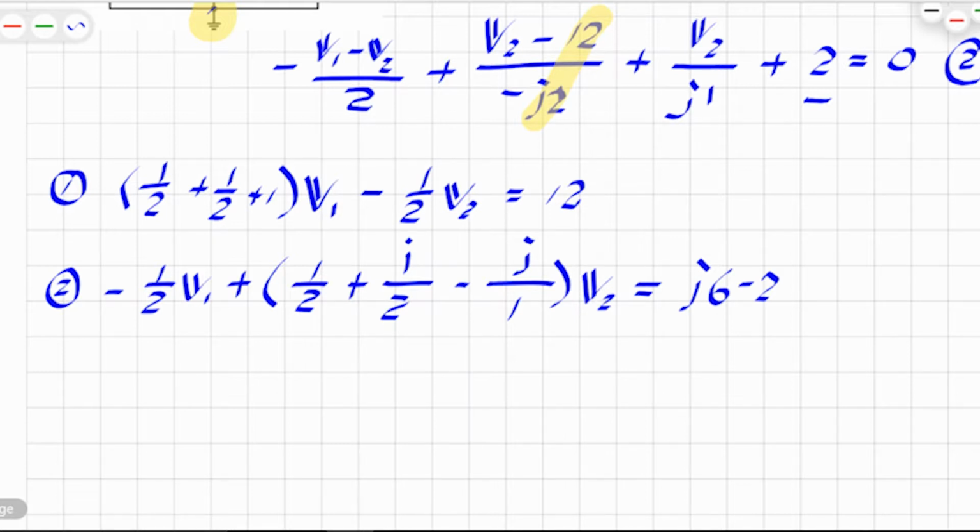So I'm going to look at the first equation to isolate V2.